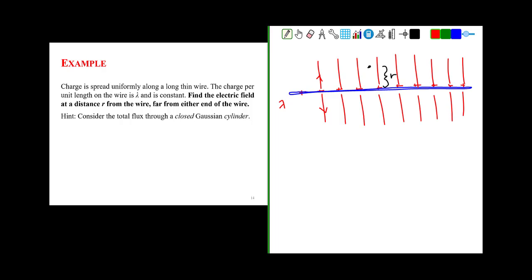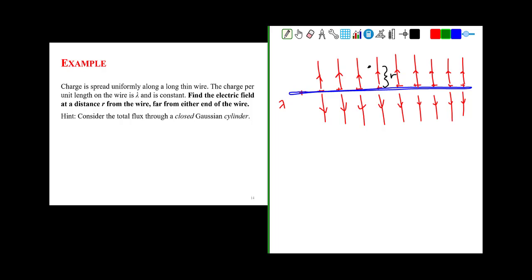Remember, what cylindrically symmetric means is if we take a cylinder that is centered about that line of charge, our electric field will be symmetric relative to that cylinder, relative to the line of charge.